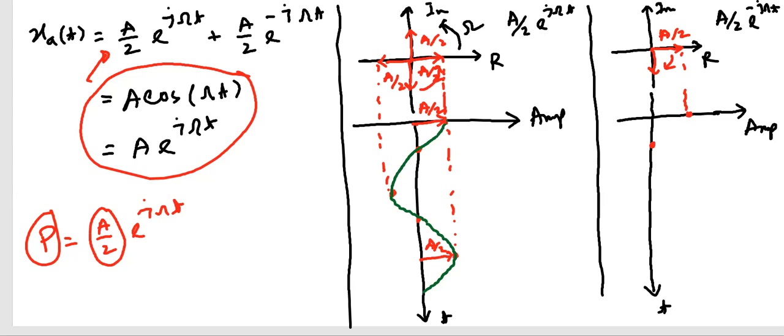After that, when it rotates again clockwise by 90 degrees, it will give a negative maximum at some point, and when it rotates another 90 degrees, it will give 0 again. It can come to its original position, and it will again give some point like this.